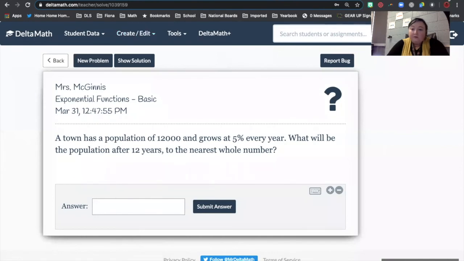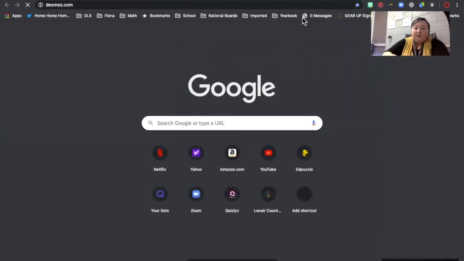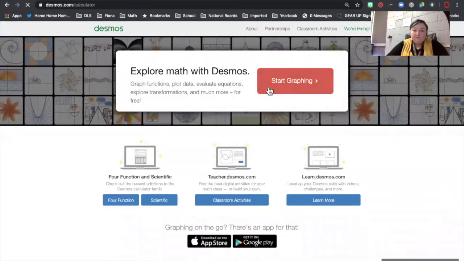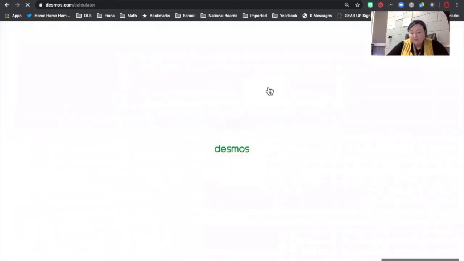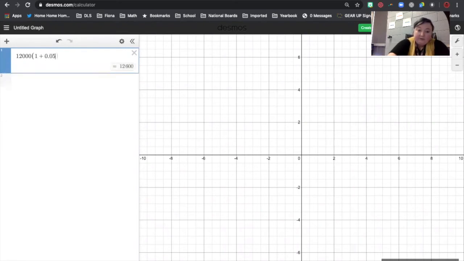If we go into your Desmos calculator app, even though it's a graphing calculator, you can still solve problems with it. It was 12,000 times 1 plus 0.05 as our interest, and then our exponent there was 12.